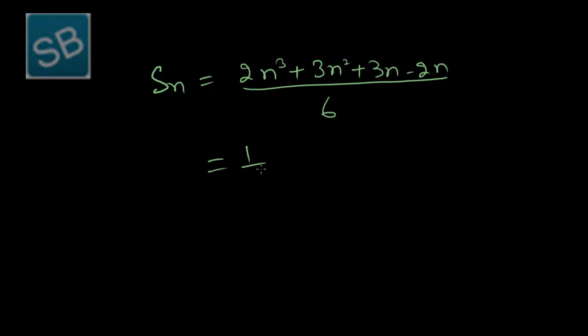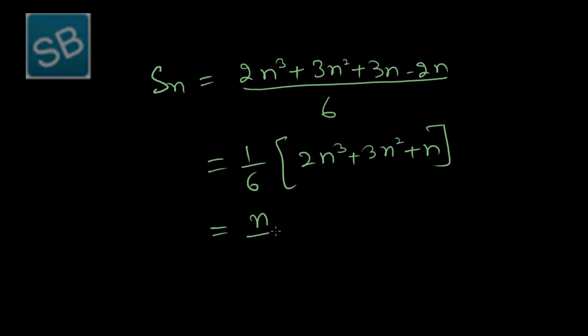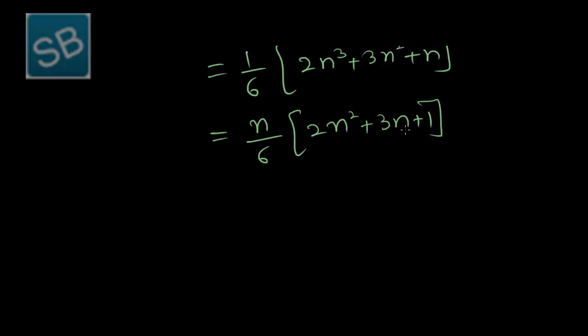So we get 1 over 6, 2n cube plus 3n square plus n. So we get n over 6 into 2n square plus 3n plus 1. So in the bracket we get quadratic form, so it will be factorized. So it becomes 2n square plus 2n plus n plus 1.